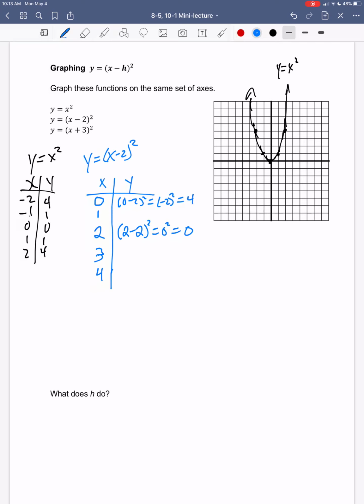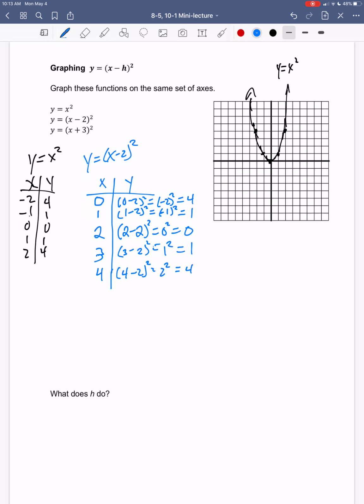Negative 2 squared is 4. 1 minus 2 squared would be negative 1 squared, which would be 1. 3 minus 2 squared would be 1 squared, which is 1. And 4 minus 2 squared would be 2 squared, which is 4.